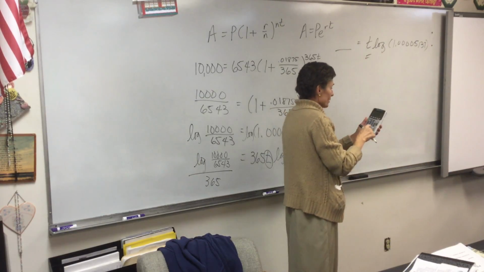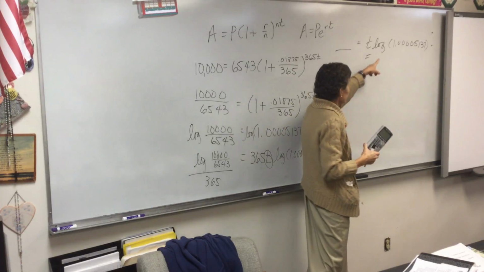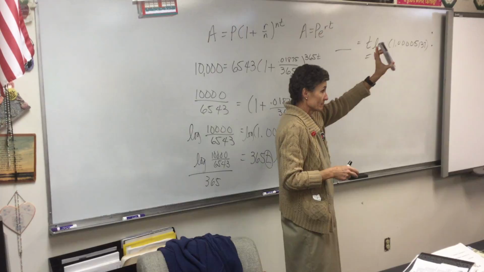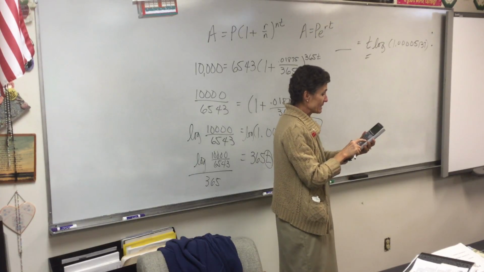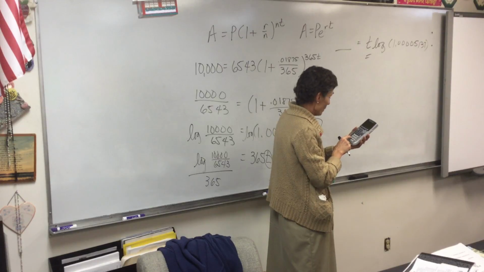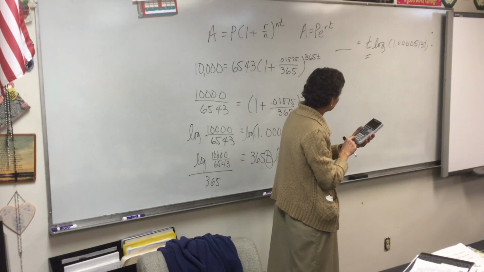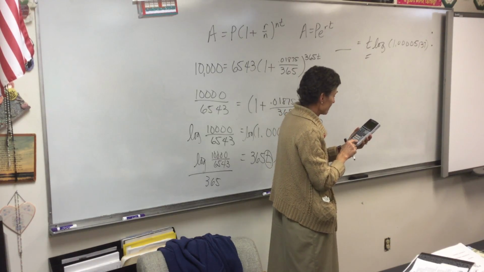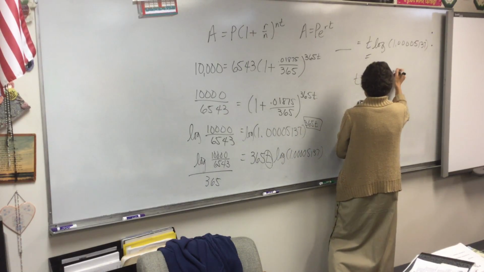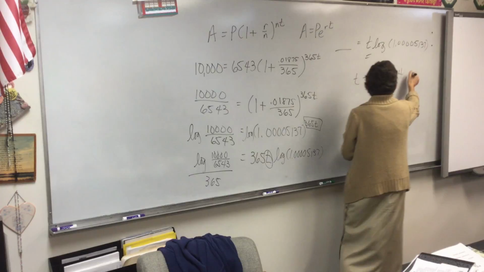Now, how am I going to get t by itself? This is on my calculator right now. Take this number and divide it by the log of 1.0005137. And I got 22.624 years.